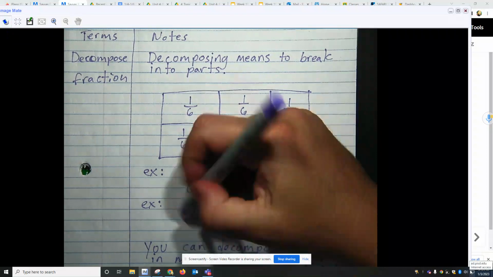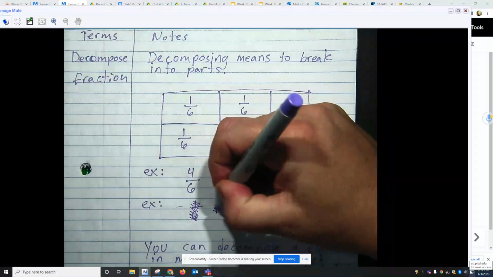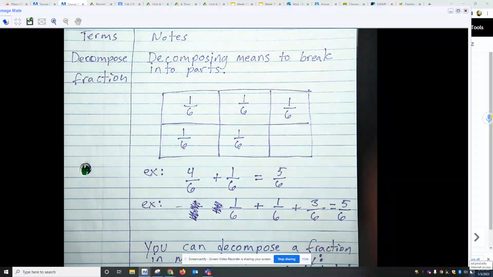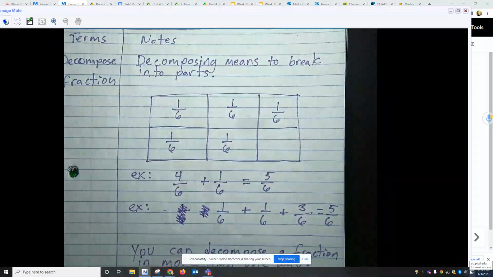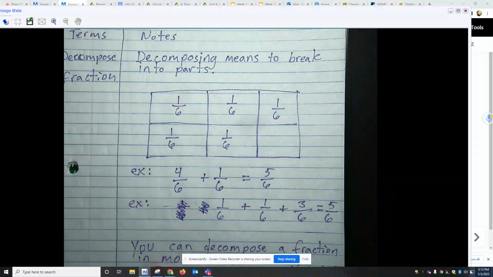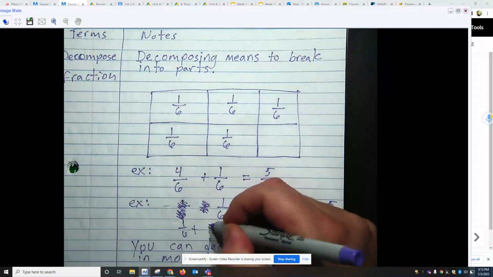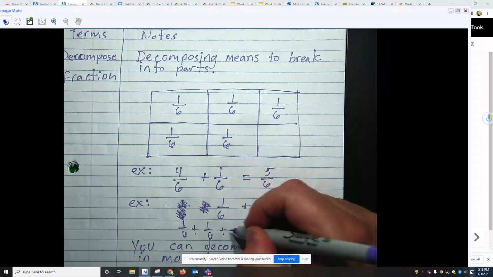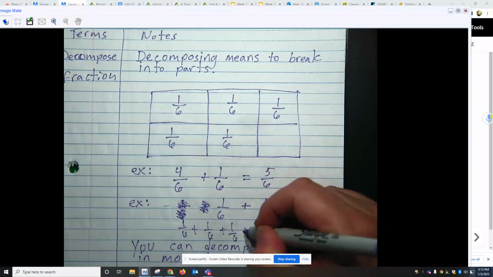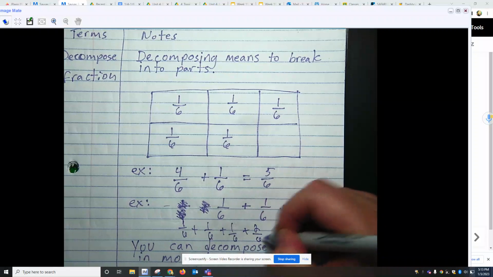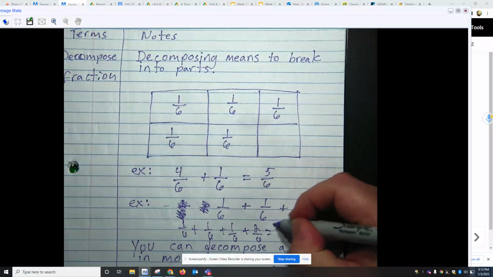I am going to need to cross out one of these because that would add up to 6/6. That would not add up to 5/6. I think the other way that they had it was 1/6 plus 1/6 plus 1/6 plus 2/6 equals 5/6.